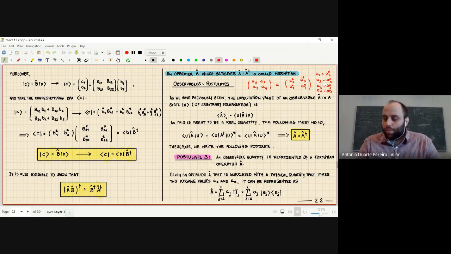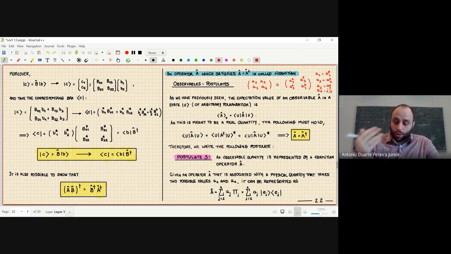Then A2 must be the complex conjugate of A3. So if I plug a number here, A2, the number that should appear here, A3, must be the complex conjugate of A2, okay? And A4 must be equal to A4 star. And again, as we concluded for A1, A4 must be a real number, okay?